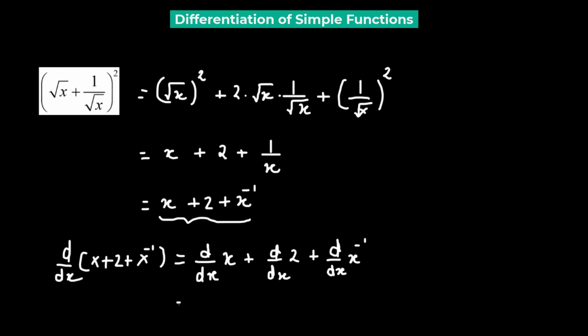So this is going to give us derivative of x is always 1, plus the derivative of the constant function 2 is 0, plus negative 1 times x raised to the power of negative 1 minus 1. So our final derivative value will be 1 minus x raised to the power of negative 2, or we can say 1 minus 1 over x squared. So this is going to be the derivative of the given function. Let us move on to the next question.